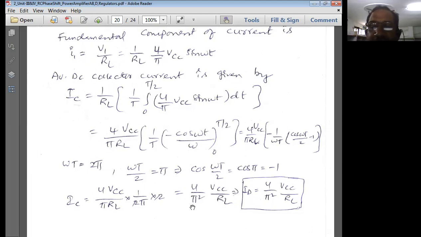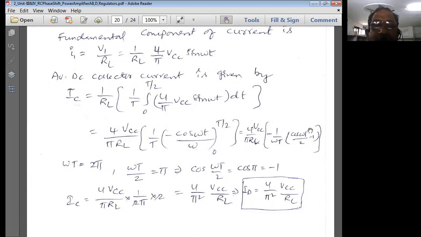Now for 2 pi radians, we can write omega t equal to 2 pi. Therefore, when the 2 goes to the left-hand side denominator, I get omega t by 2 equal to pi. That means cos omega t by 2 is nothing but cos pi, which is equal to minus 1.